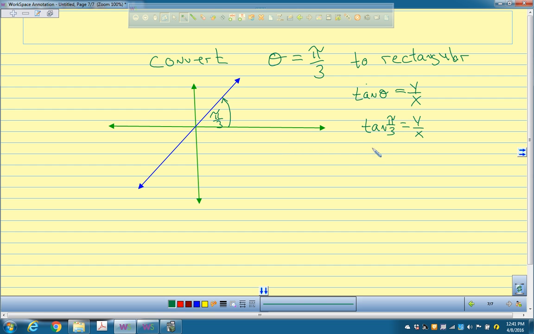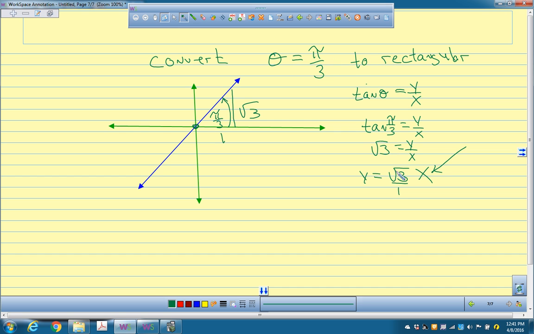So this says that root of 3 is equal to y over x, which means that y is equal to the root of 3 times x, which is a line with a slope of root 3 over 1 that goes through 0, 0. This would be a linear equation with a slope of root 3 over 1 and a y-intercept of 0. So that's how you would do something like that in rectangular form.